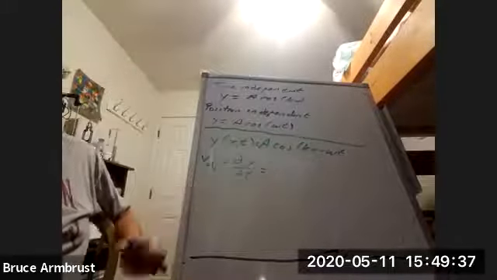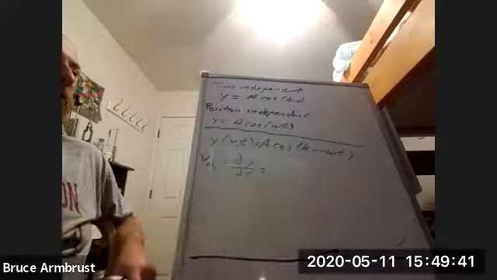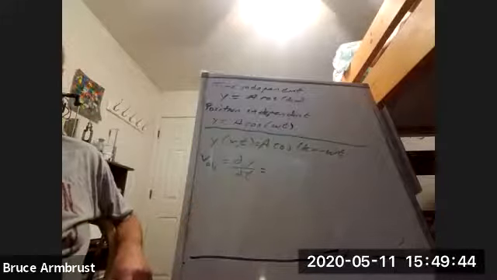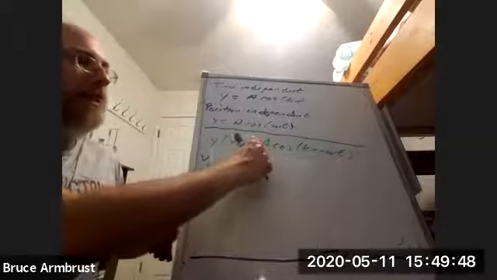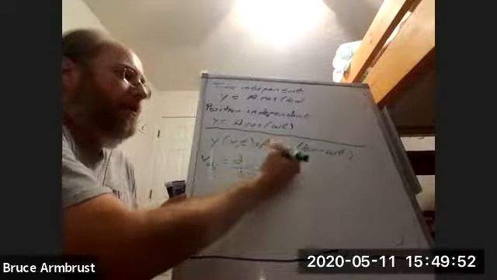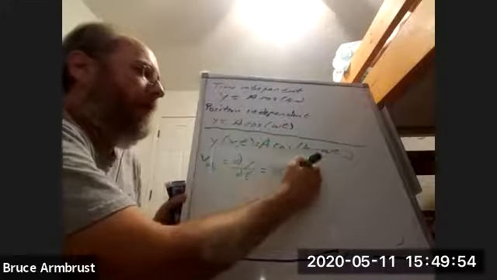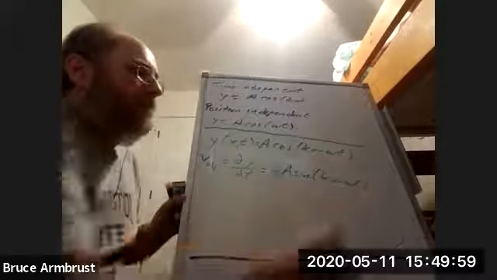All right, well, you guys should know, I hope, that when we differentiate with respect to time, we treat all other variables as a constant. So we're going to get the A out front. The derivative of cosine is a minus sine. So I'm going to get a minus A times the sine of kx minus omega t.